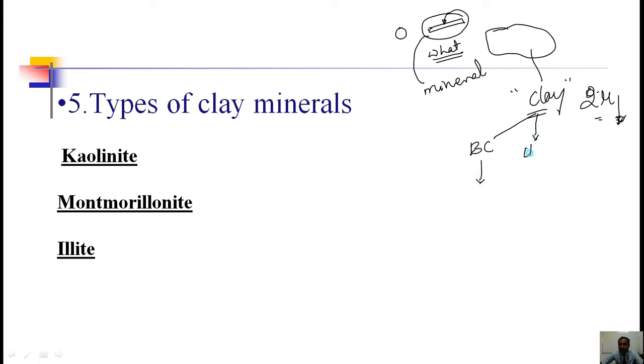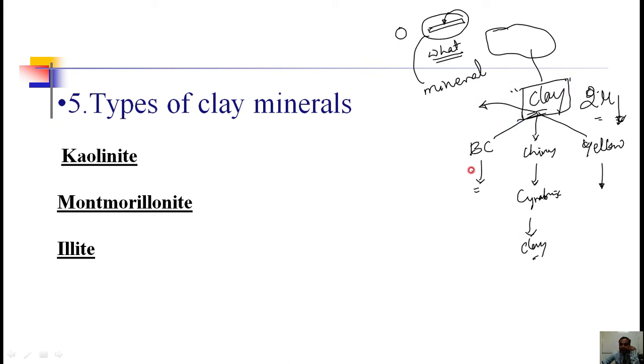For example, China clay, which is used to make ceramics, is made up of some clays, but this clay's behavior is different. Some yellow clay will come, in UP and Madhya Pradesh side, or somewhere in Karnataka too. Its behavior is something different. Bentonite is there, its behavior is something different. Like that, all clay will not behave in the same manner.